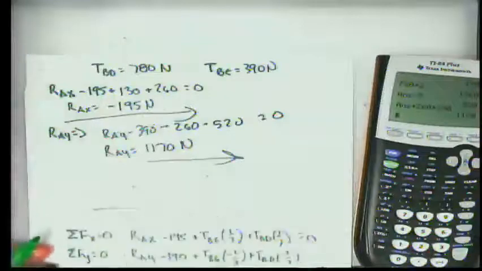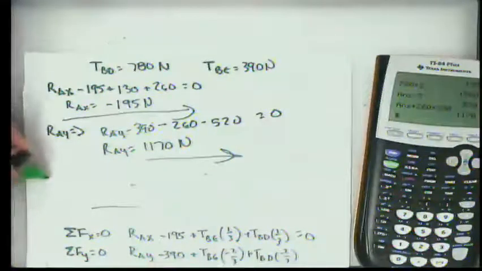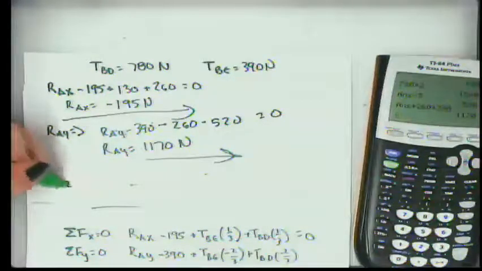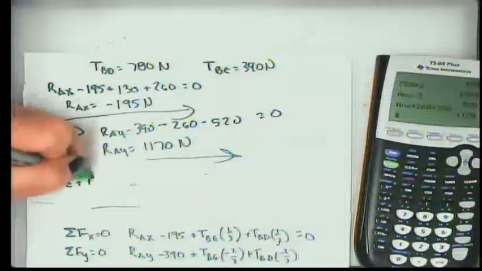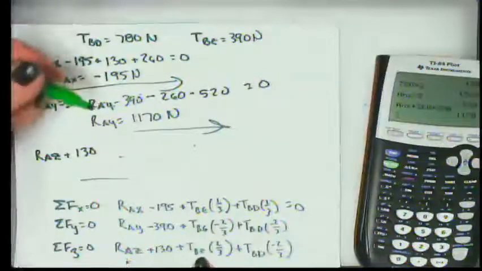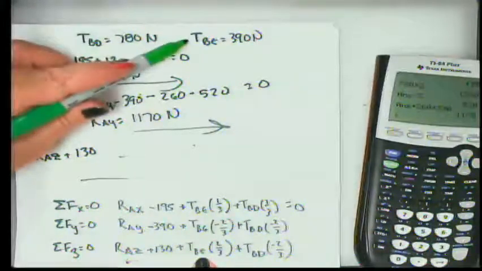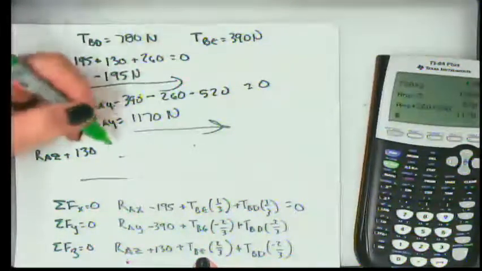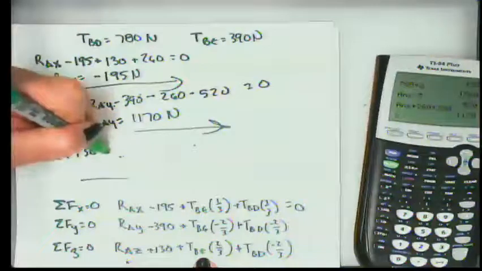And then last but not least, we're going to find RA in the z direction. We know that we have 130. And then TBE, which is 390, times 2/3 is 260.